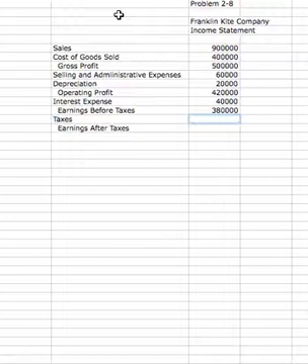Then how many taxes do we have according to the problem? There are $50,000 in taxes. So earnings after taxes are going to be 380,000 minus 50,000, or $330,000 in earnings after taxes.